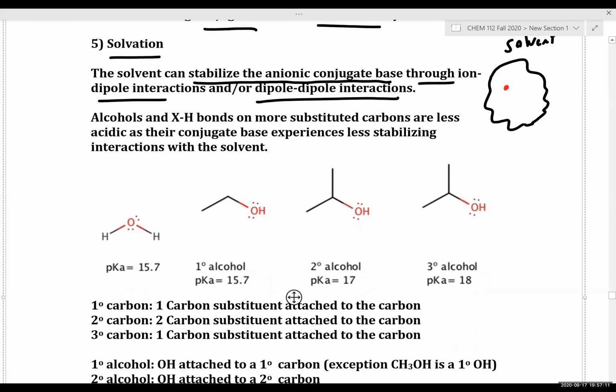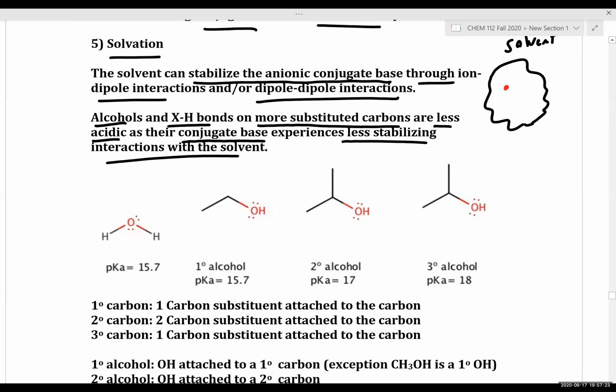So in general, alcohols and other acidic protons on more substituted carbons are less acidic as their conjugate base experiences less stabilizing interaction with the solvent. Now, why is that?